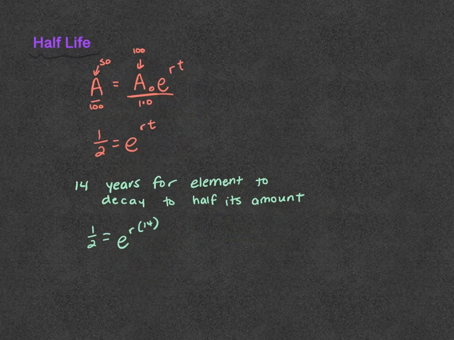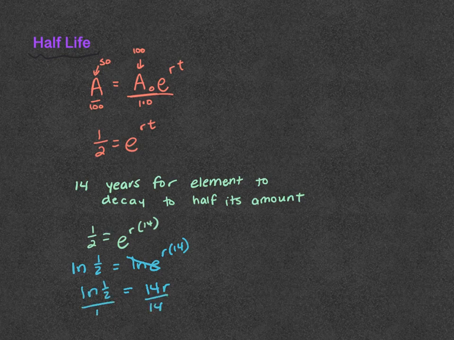Now this goes right back to what we just spent time doing, which is solving exponential functions. So I'm going to ln both sides of this equation. The ln of e cancels and I get 14r equals ln of 1/2. Divide both sides by 14 and then let the calculator do the work.